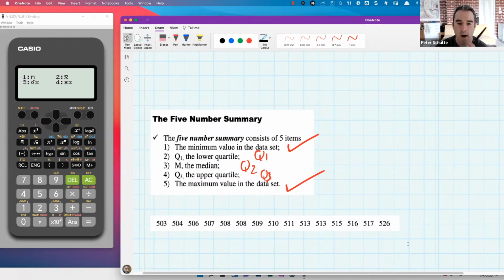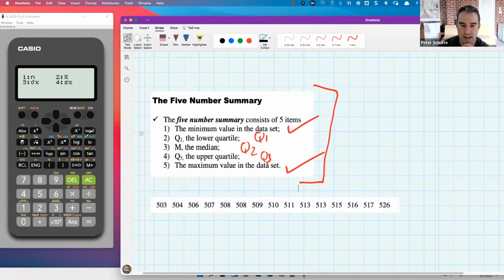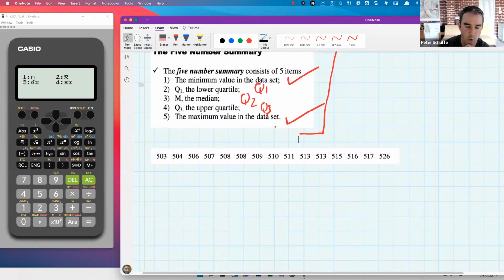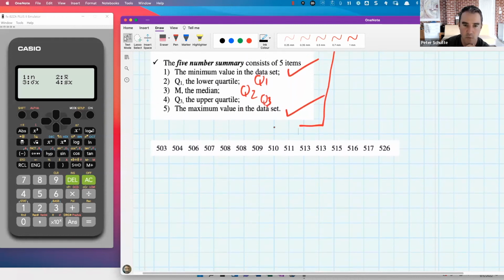Once we have the 5-number summary, we can then talk about drawing something called a box and whisker plot, but we're not going to have time for that today. So all I want you guys to do now is work out the 5-number summary for this data set. Okay. So over to you guys.